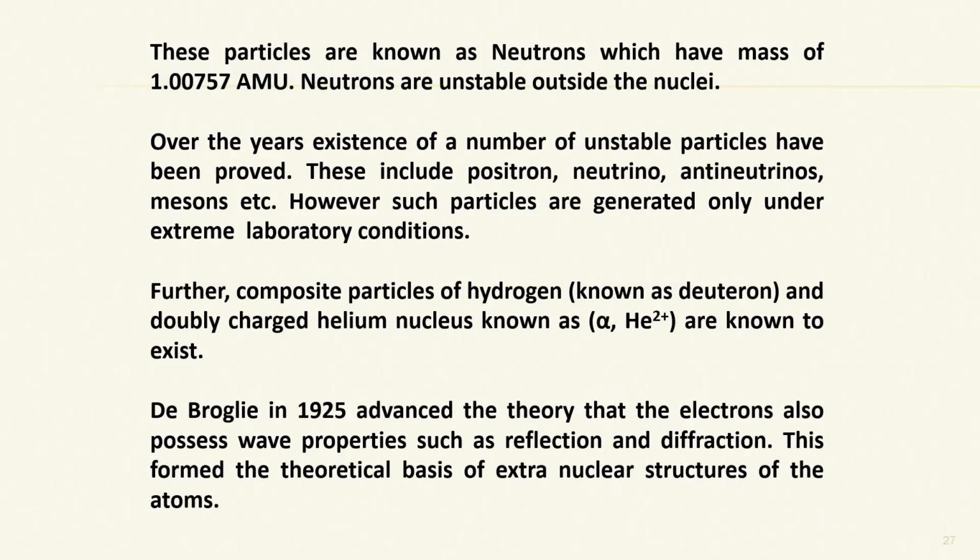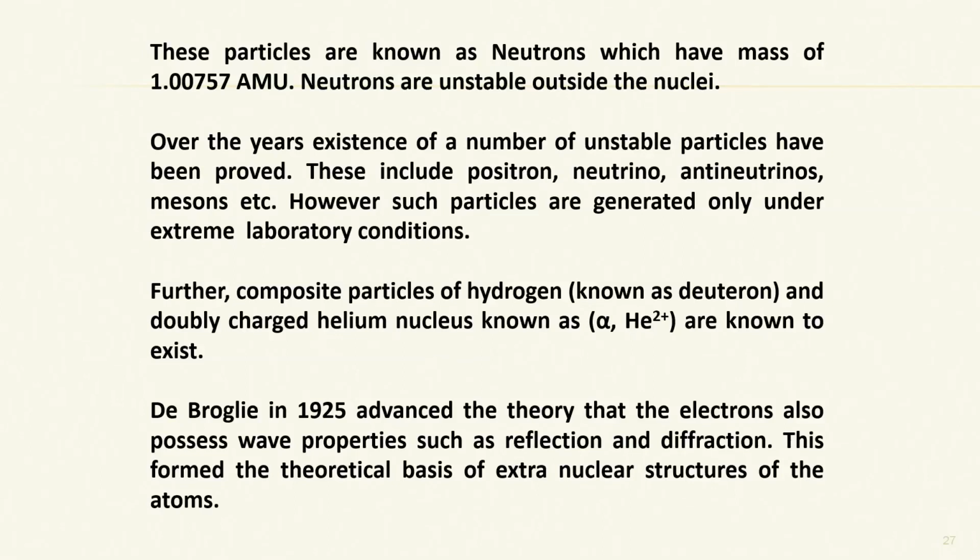However, such particles are generated only under extreme laboratory conditions, and the composite particles of hydrogen known as deuteron and the doubly charged helium nucleus known as alpha, He 2 plus, are known to exist.